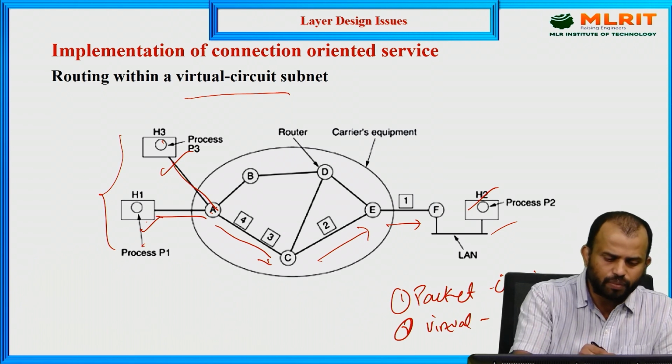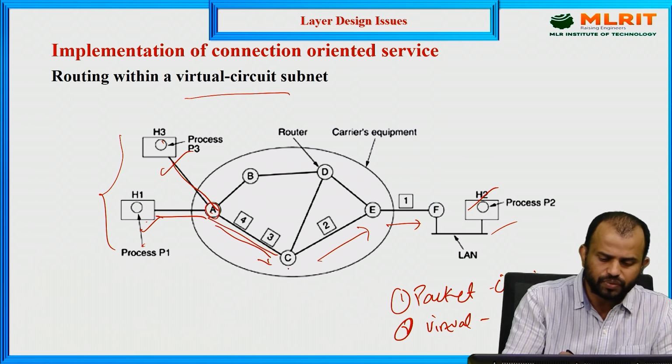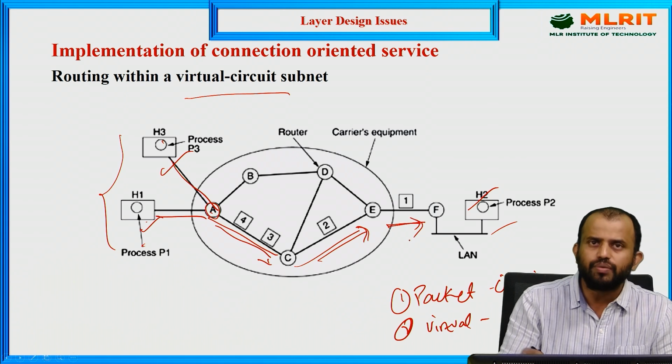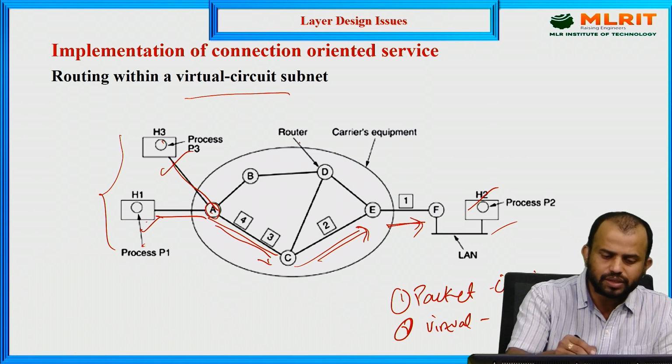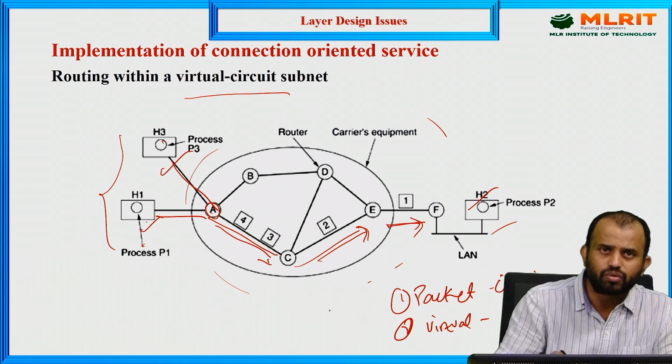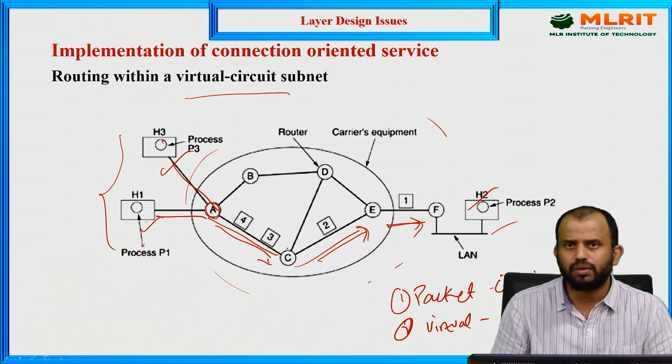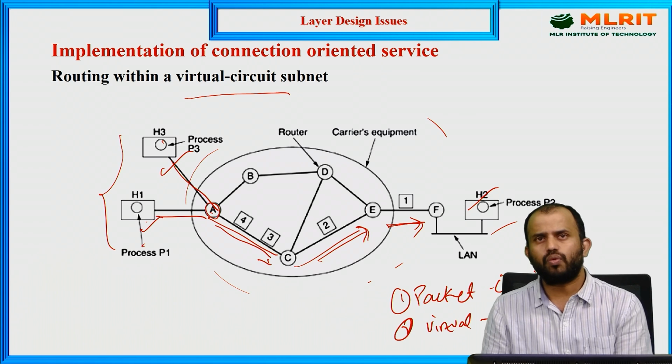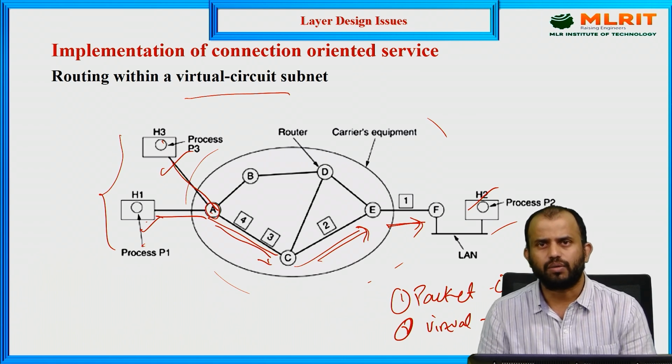So here information is transmitted from A to C, C to E and E to F. In this carrier mechanism, n number of routers are involved. Those routers must be shortest path algorithm routers. That is an advantage of connection-oriented communication.